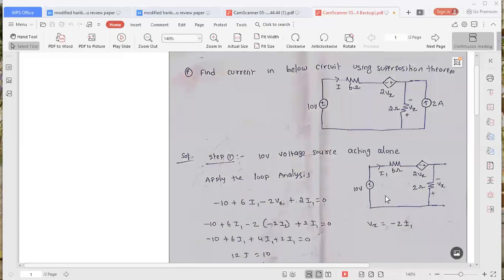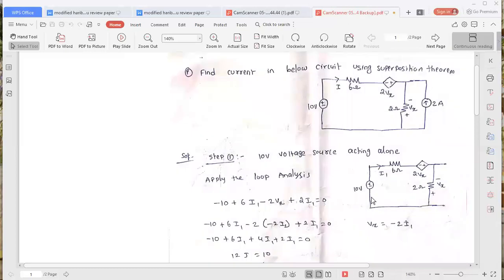Let us apply loop analysis, that is mesh analysis. Let the current I1 pass through this way, this way, and this way. The current does not pass through this branch, because it is open circuited.